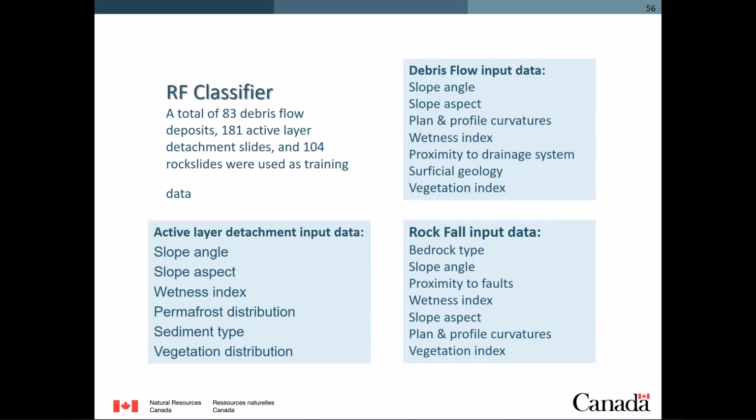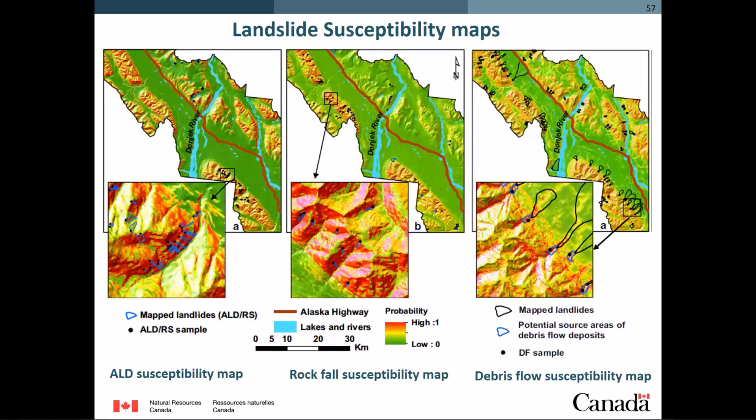Here again, mostly calculated from a DEM, and here a DEM again. So the DEM was dominant in this classification, as you might expect when we're trying to produce a map of potential for landslides. And here are examples of the three types of flows we just talked about.